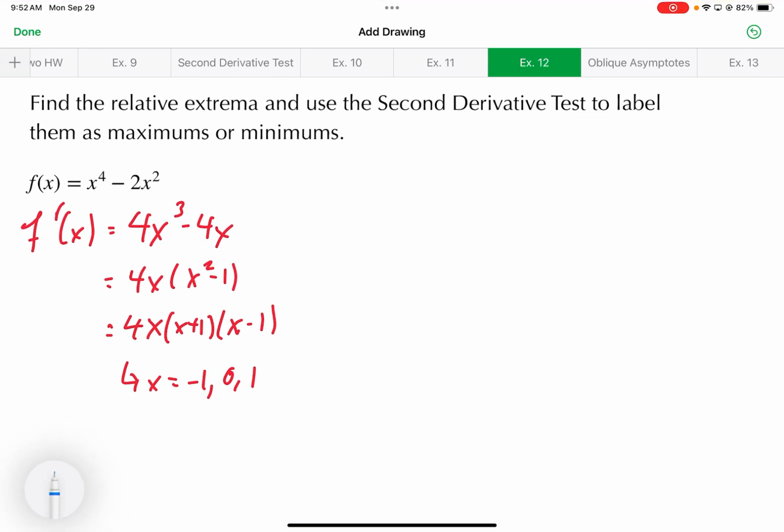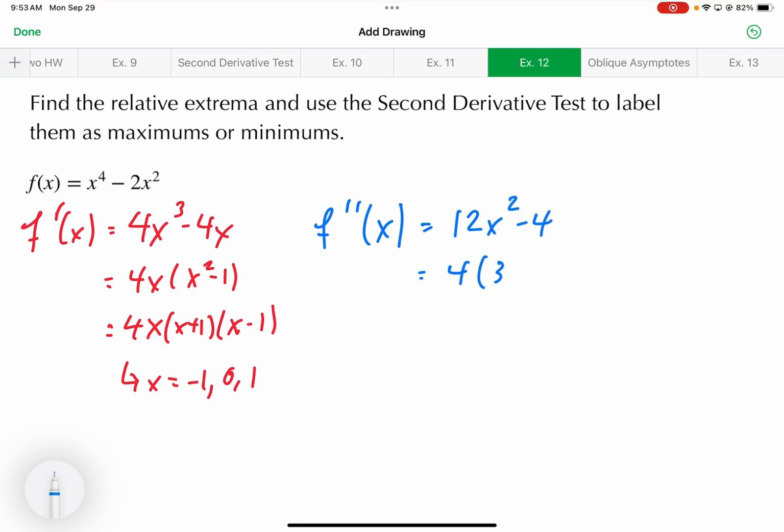All right, so now we have to take our second derivative. All right, 12x squared minus 4.